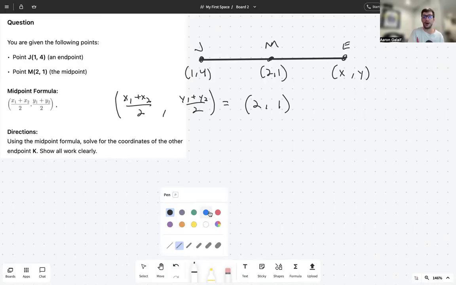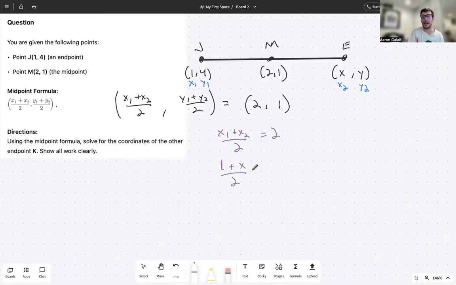What do we know? We know that this is our x1 and our y1. This is our x2 and our y2. So it's super simple. We're just going to go straight into it. x1 plus x2 over 2 is equal to 2. But remember, we can replace x1 with 1 and x2 with just x.